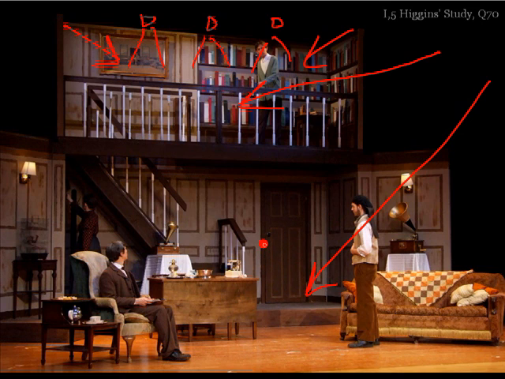In the rest of the study, the backlights are strip lights, and the high side lights are ellipsoidals. So there were a lot of different things going on in the library that we had to take into account and think about when we were focusing and building those cues.